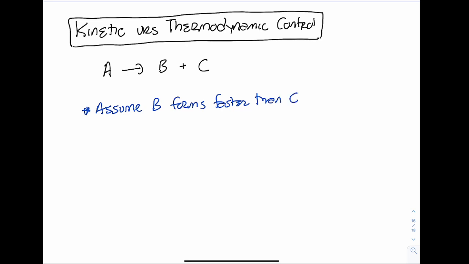So what that means is the activation energy for B is less than that of C, right? Remember, the smaller our activation energy, the faster the reaction. So my activation energy for B is less than my activation energy for C. B has the smaller activation energy.